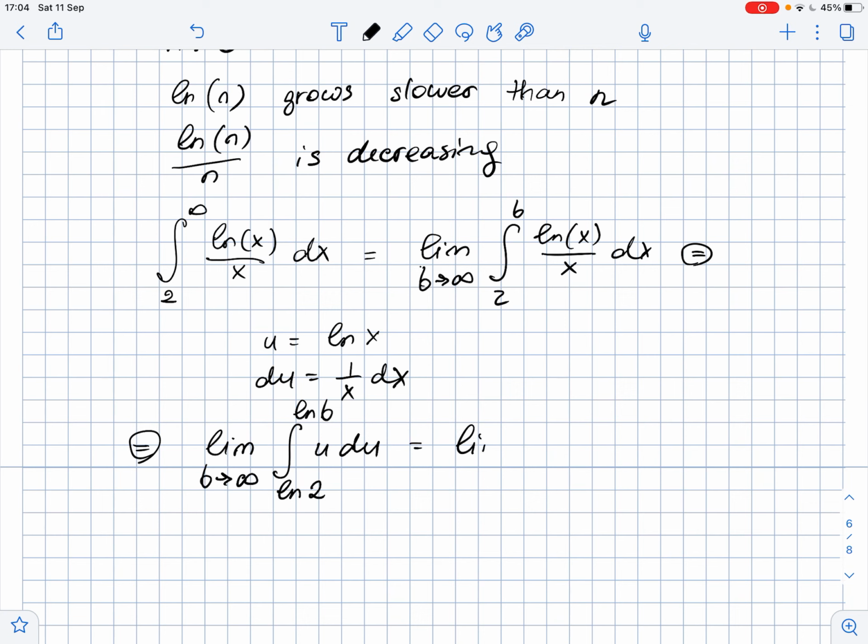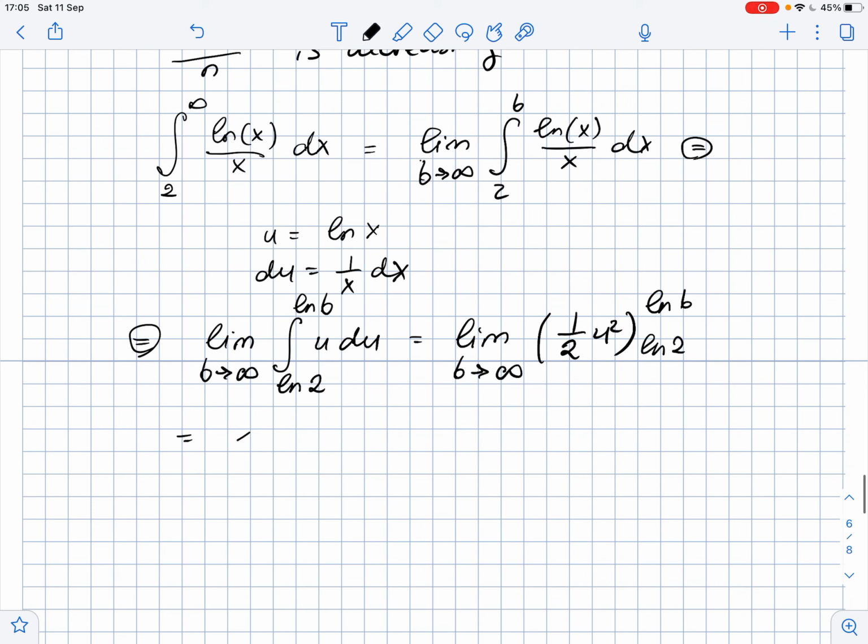Then this equals the limit of 1 over 2 u squared from ln of 2 to ln of b, where b approaches infinity. Then this equals the limit of 1 over 2 ln squared of b, where b approaches infinity, minus 1 over 2 ln squared of 2.